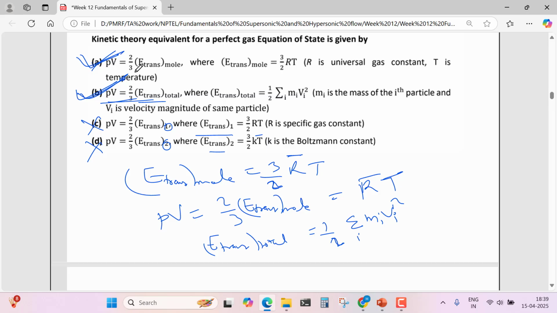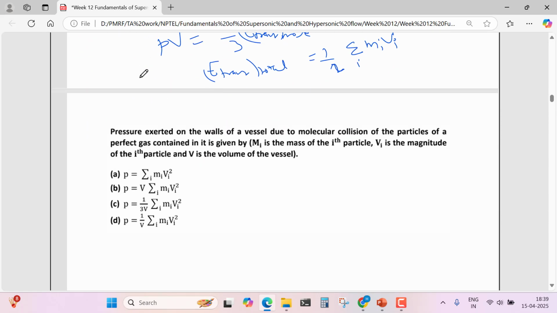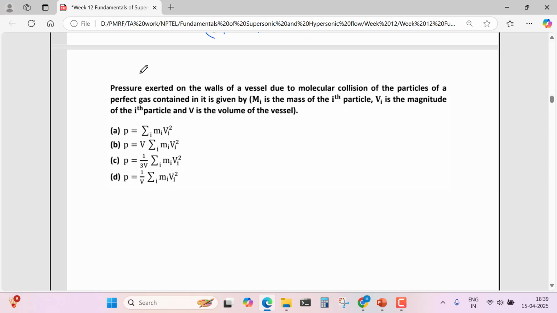Now we will see the next problem. The pressure exerted on the walls of a vessel due to molecular collision of the particles of a perfect gas contained in it is given by, where mi is the mass of the ith particle, vi is the magnitude of the velocity of the ith particle, and V is the volume of the vessel.